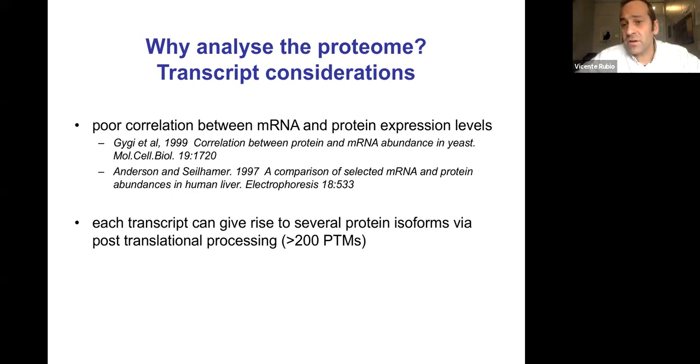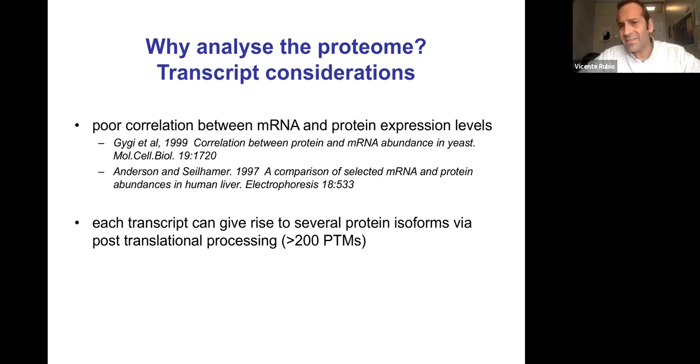What we have observed is that the protein abundance for a particular protein could be completely unrelated to the levels of its own transcript, and that's because there are many post-transcriptional mechanisms that control the stability or the processing of a specific transcript, and also post-translational levels that will change the abundance of the product of that transcript.